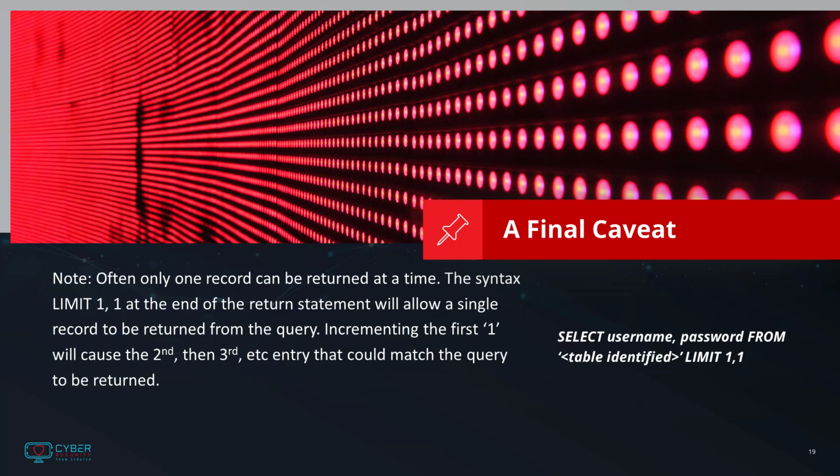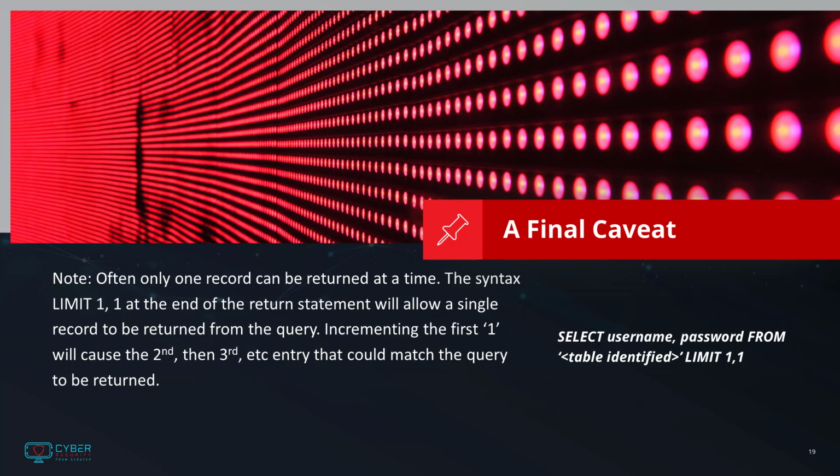And then what you can do is increment the first 1 to 2 and then to 3 and so forth to return different entries. So you can think of it sort of as giving the SQL instruction the command to treat the return as a list, and then basically iterate one by one through the list.